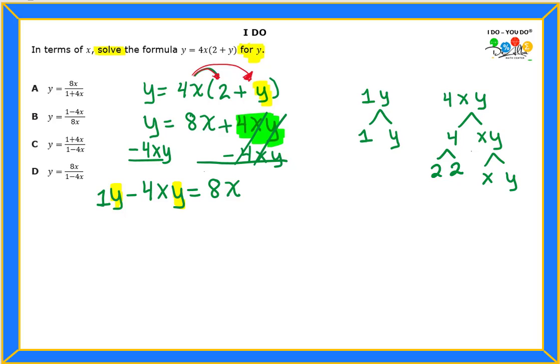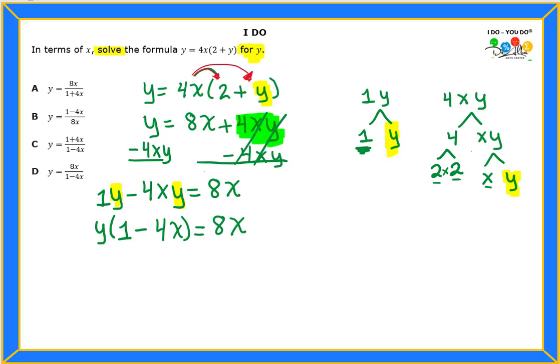So now I can see that both of my terms have the y, right? That's finding the common factor. Very good. So that y, I'm going to bring it outside the parentheses. Inside the parentheses, there is a 1 minus 4x, and all of that equals 8x.